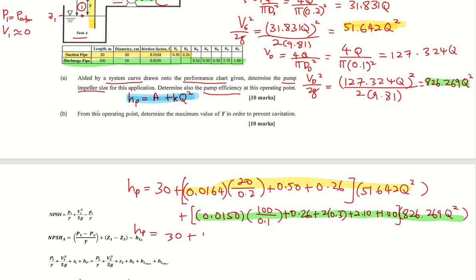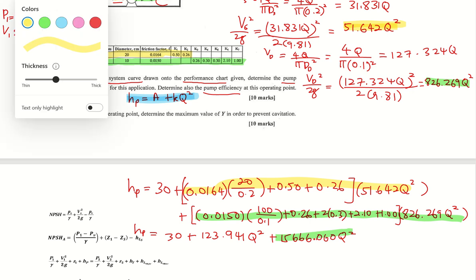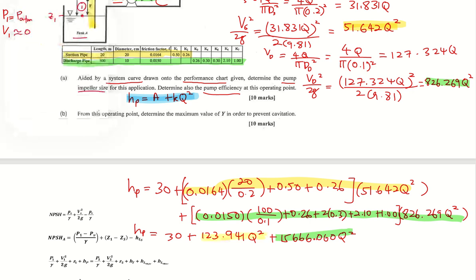So you should get 123.941 Q squared plus 15666.060 Q squared. All right. This is for suction pipe and this is for discharge pipe.